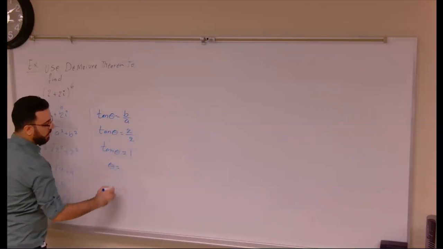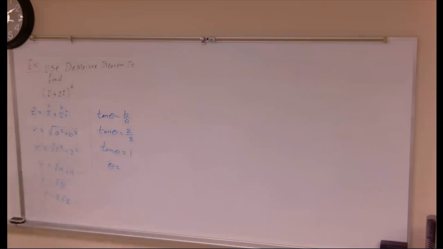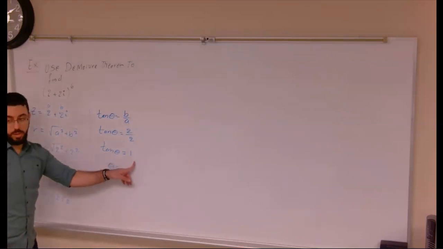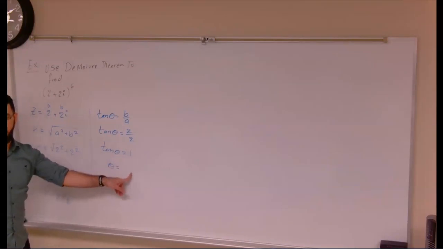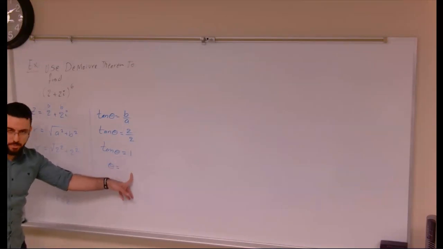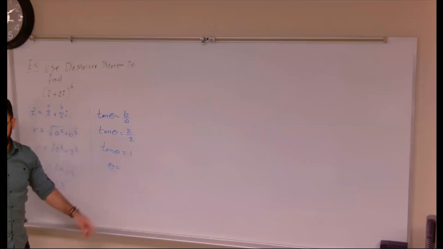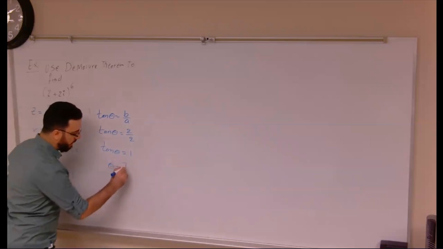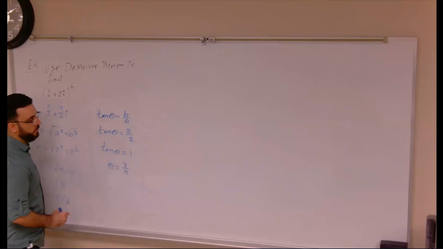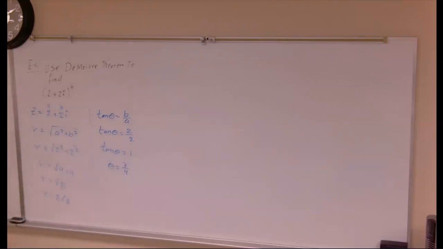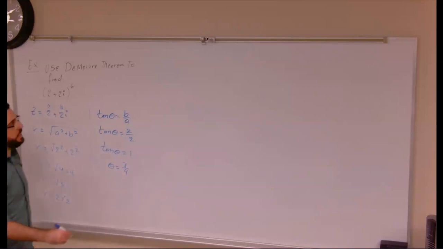Well, this is the first example we solved. Tangent theta equal 1, so theta equals tangent inverse of 1, which is pi over 4, which is 45 degrees. And then we have theta, so now we can write down the trig form.